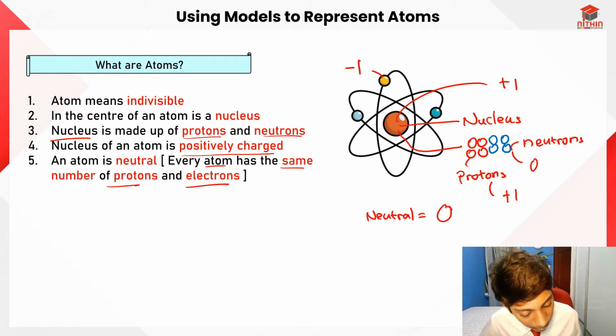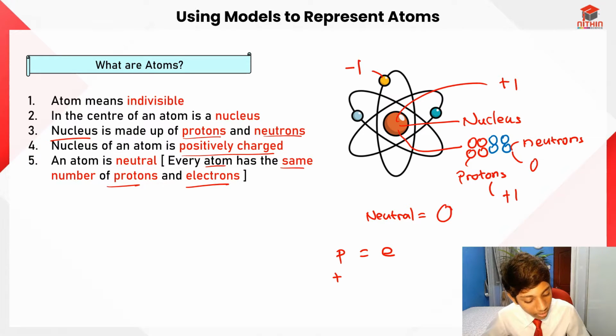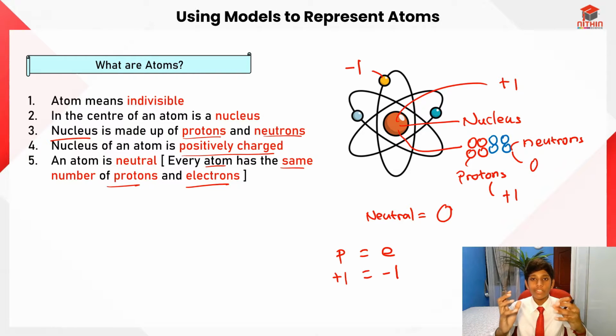So P equals E. Because +1 and -1 add up to 0, this results in both charges cancelling out each other to give us a neutrally charged atom basically.